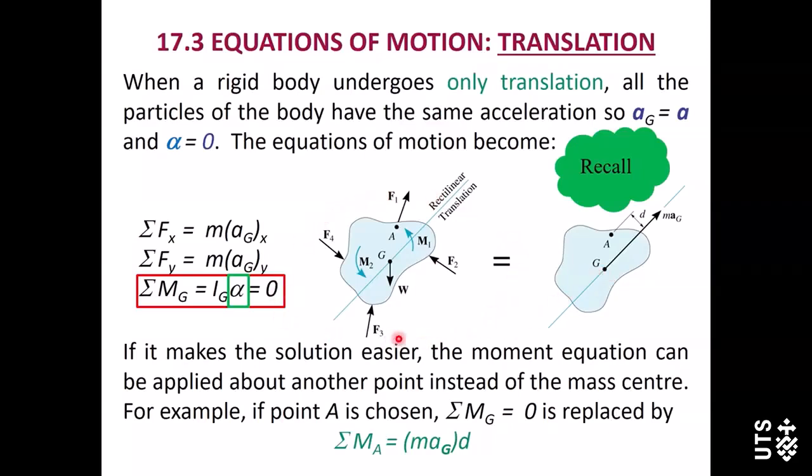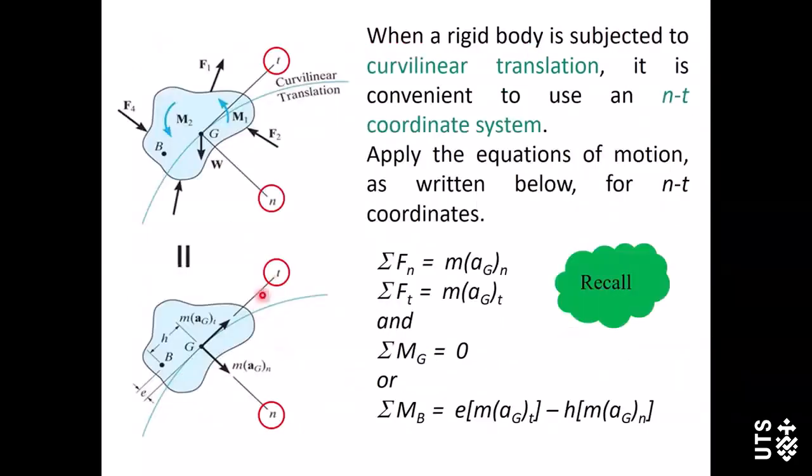And this is in the x, y coordinate system. If the problem is a curvilinear translation, it may be more convenient to use the normal-tangential coordinate system. And here, if we use mass center point G to calculate the rotational component, it must be 0 because alpha in translation is 0.